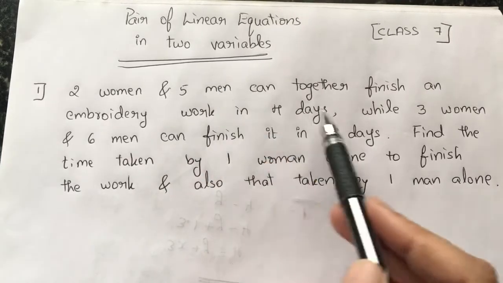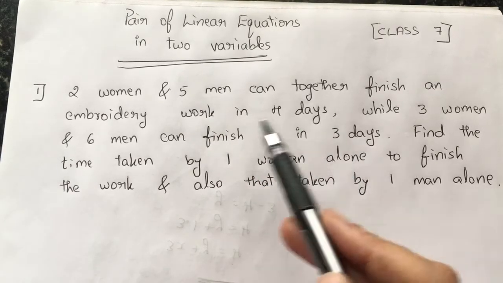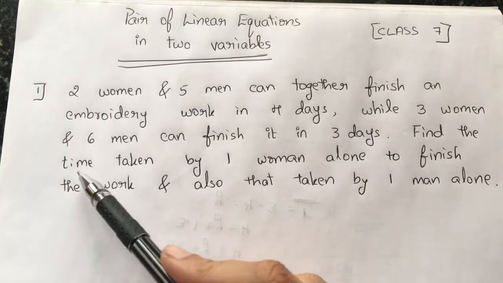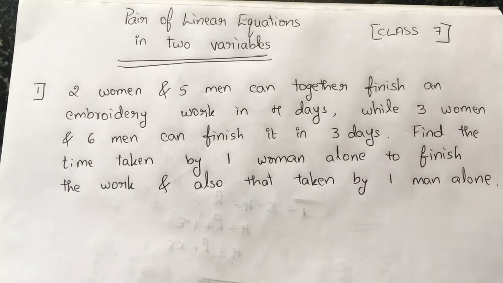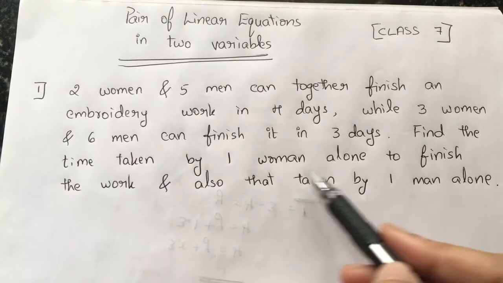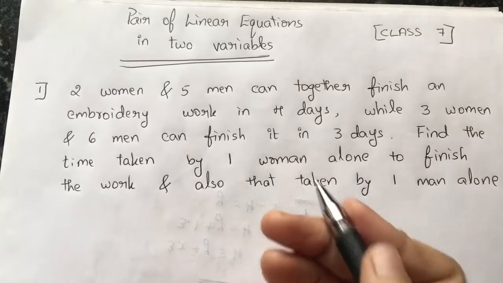Because here they have given the statement in terms of days. So now I have to assign the variables for time taken by one woman and by one man alone. Always you need to look at the last statement, and for that you have to assign a variable.